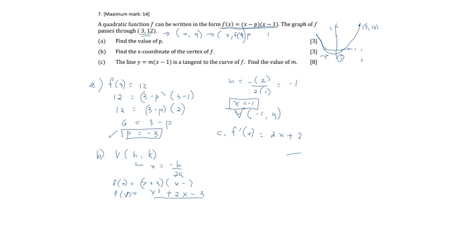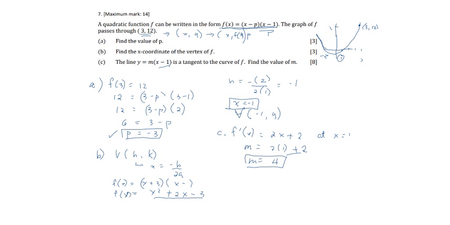This is the slope of your tangent line. So we have to find what x is, and it is written here where your x is equal to 1, which is the root. So our slope m is equal to 2 times 1 plus 2. So m equals 4.